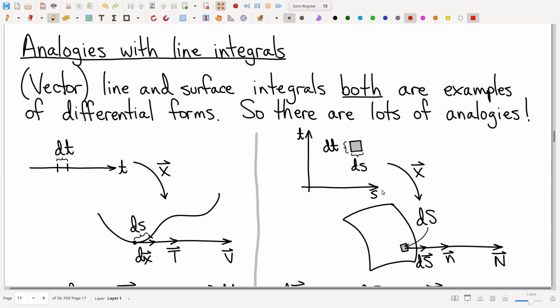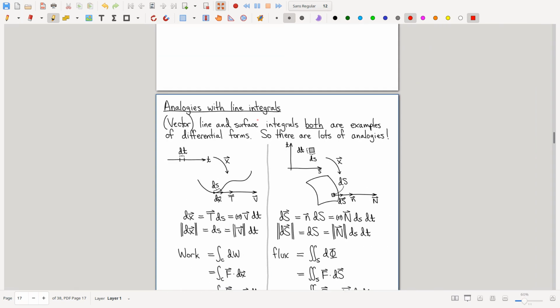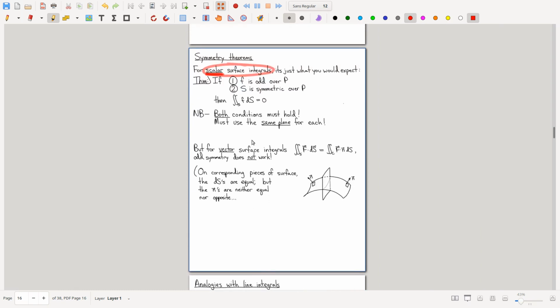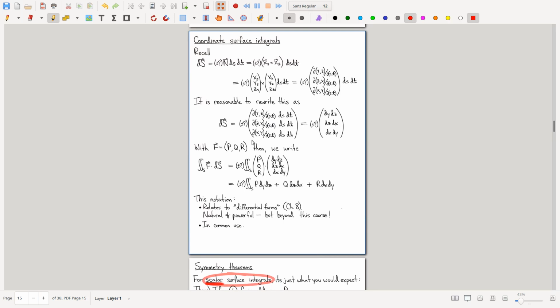In fact, we've been seeing some of that as we've been going through here. I don't know if you noticed, but this page about the symmetry theorems, I deliberately laid it out on the page to be really analogous to the same thing for line integrals. And the coordinate version of these, again laid out on the page, if you compare and contrast, is pretty similar to line integrals.